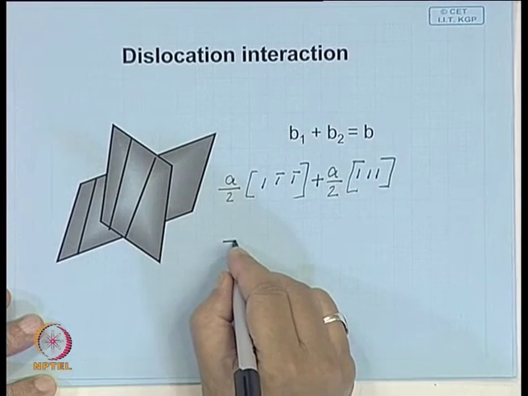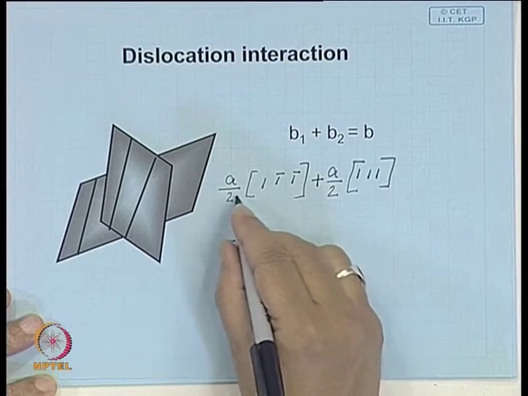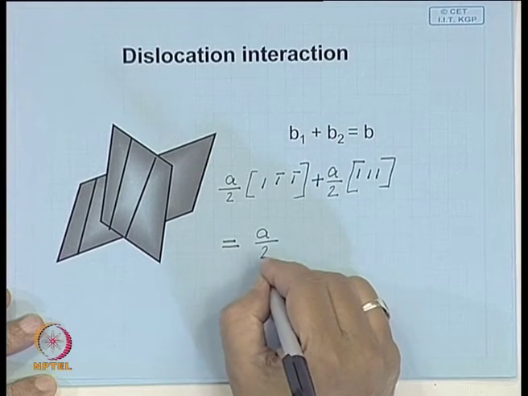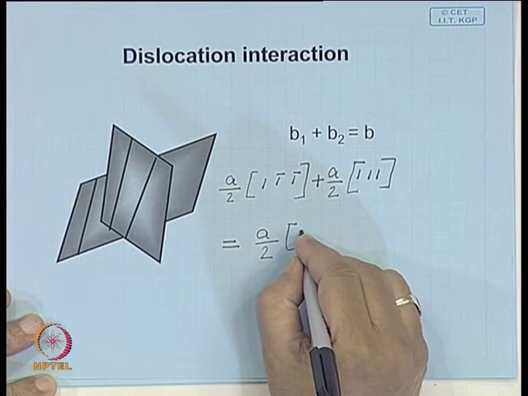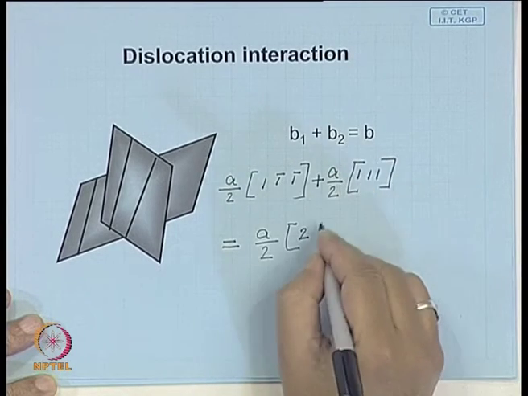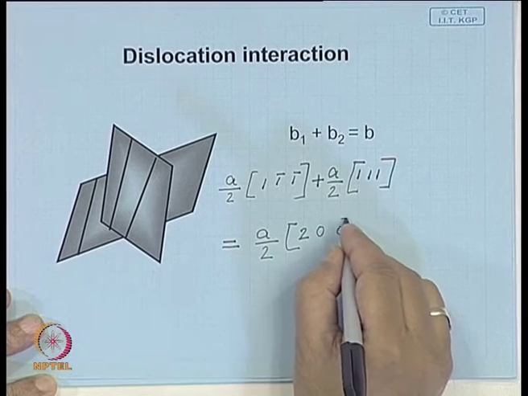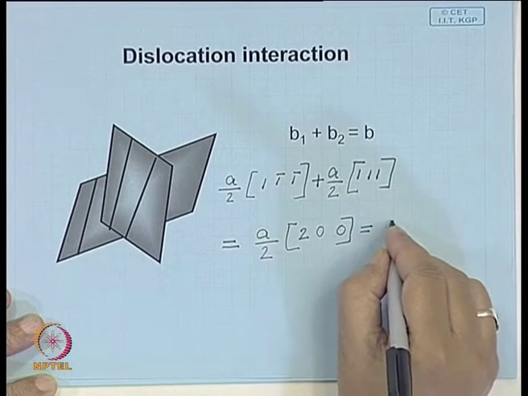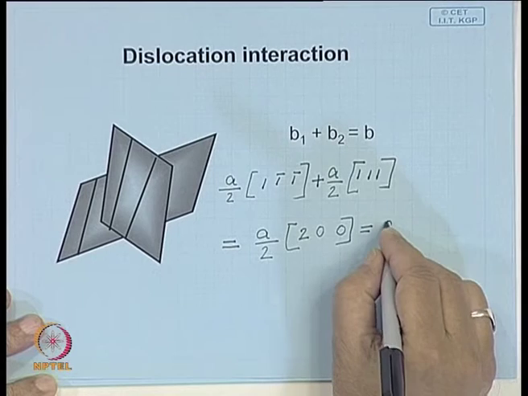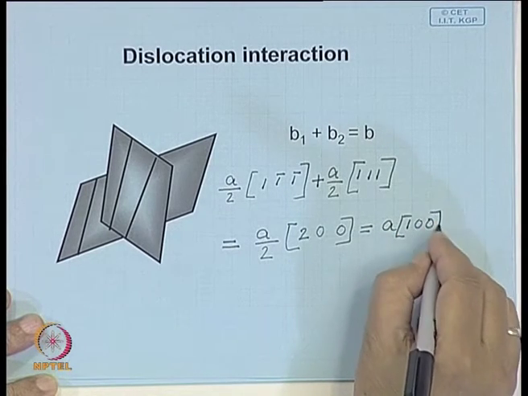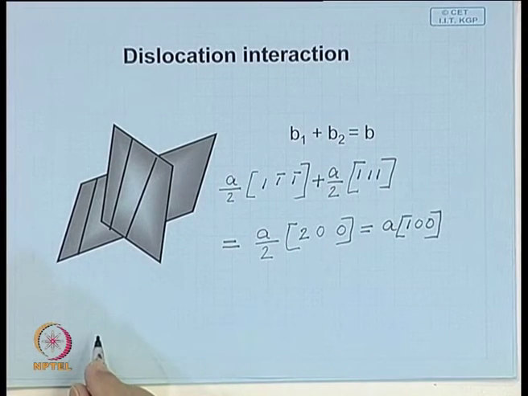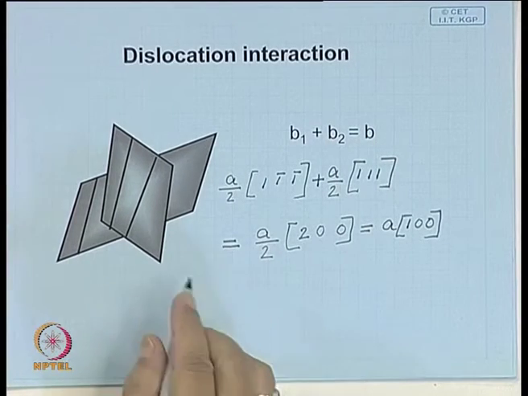Now, if you add these up, a by 2 times 2, this is 0, this is 0. So what you get is a[1 0 0]. Now, will this reaction be energetically favorable?